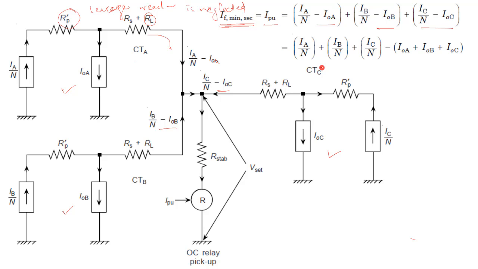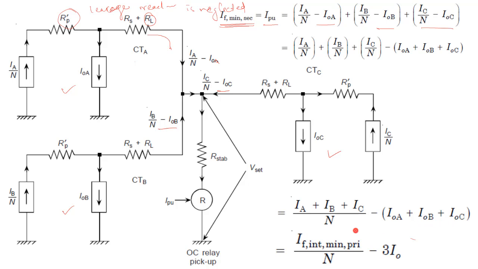So, from all sides the current will flow. Therefore, your net current, IF min secondary, which is equal to I pickup, will become IA plus IB plus IC by N minus IOA plus IOB plus IOC. This current, IA plus IB plus IC, is nothing but your internal fault current at the primary side.